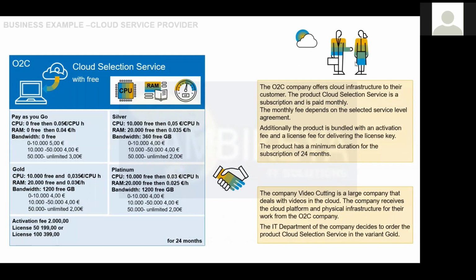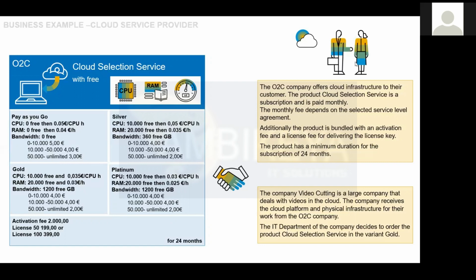Now I would like to introduce our training example. I have decided that we use the same story for the whole curriculum. We use a cloud selection service, and in this service we have technically different services that we offer to the customer in our product. We have the usage of CPU, RAM, and bandwidth. And I decided that we use different price models.